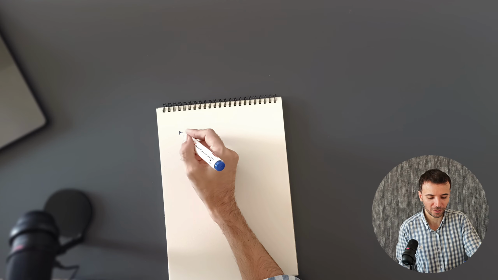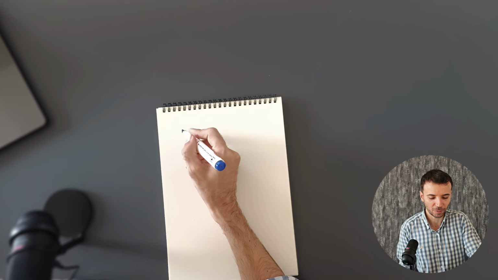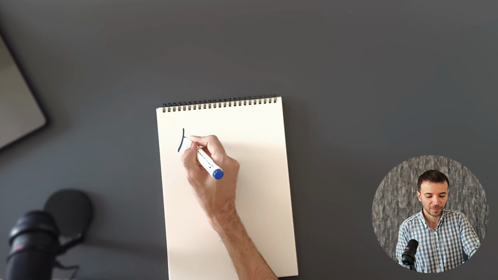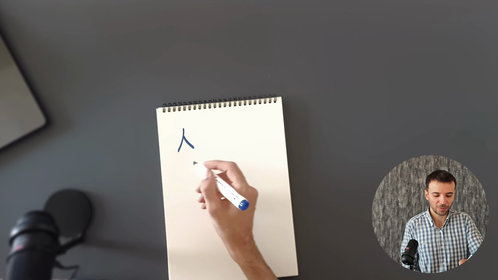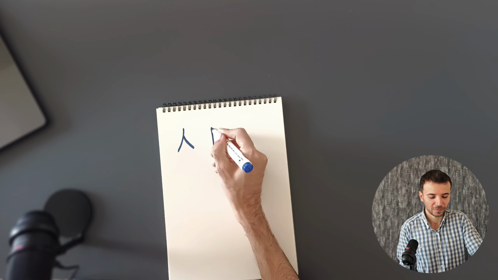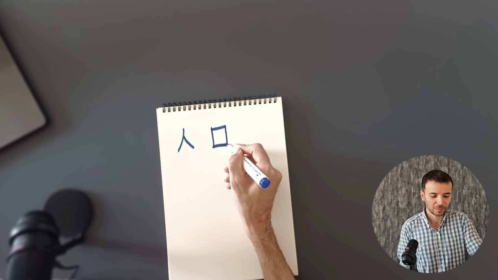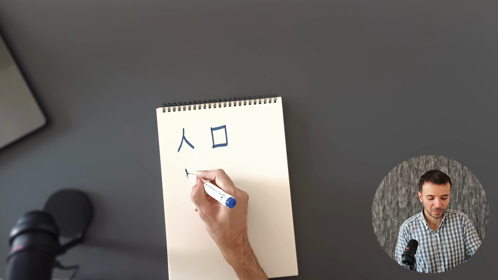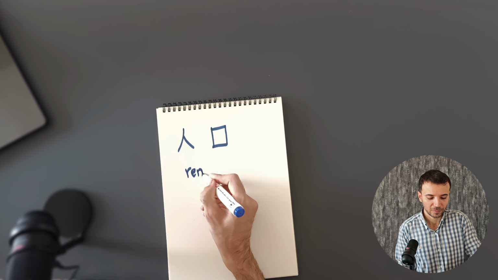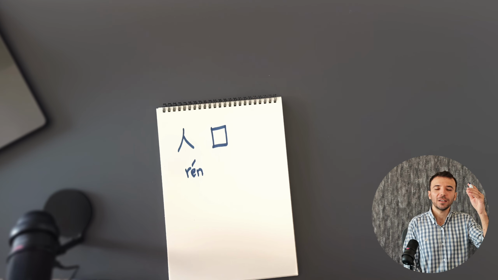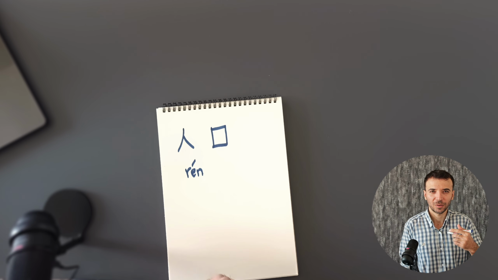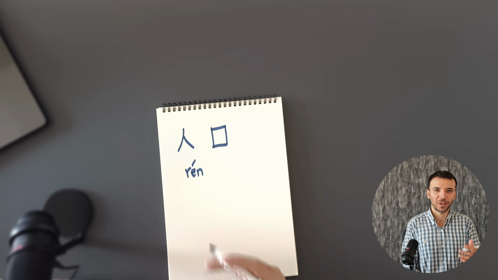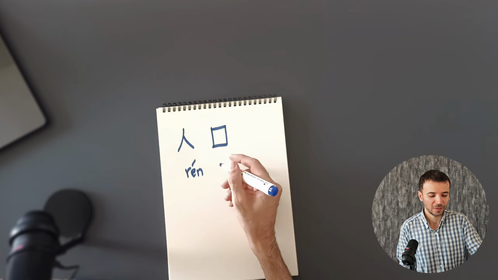Alright, now try to read these 2 characters. I'm gonna write 2 characters that we studied. Try to read it. What is this? Rén. What does it mean? Person or people. And this one?